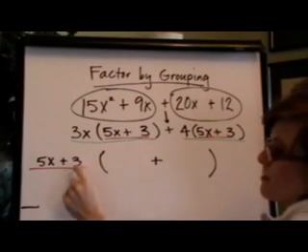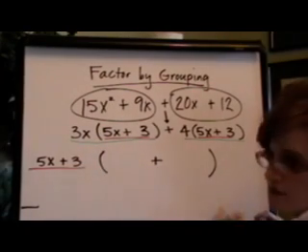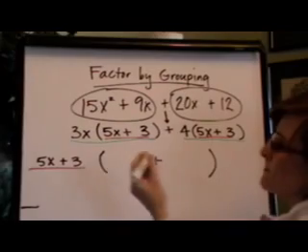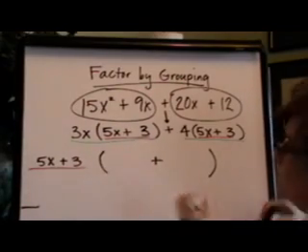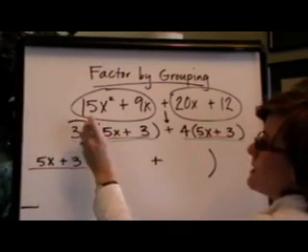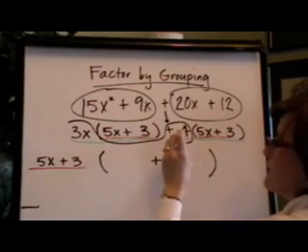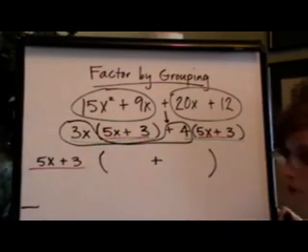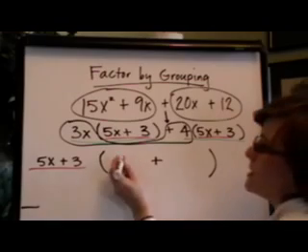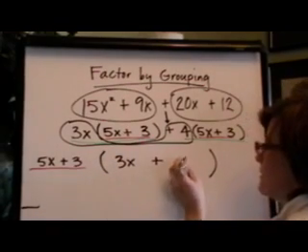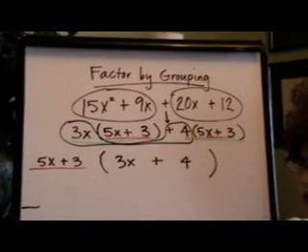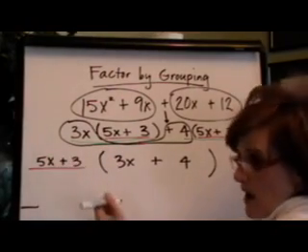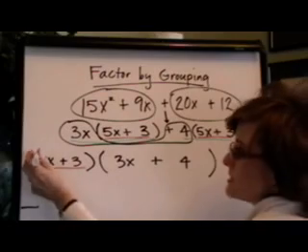I'm bringing out the binomial, the common factor, excuse me. When I bring this out, if you'll look to see, the only thing that remains on the green is the 3x plus 4. So I'm going to write that as the remaining parts, 3x plus 4. Because this is a binomial, I need to put parentheses around this one.